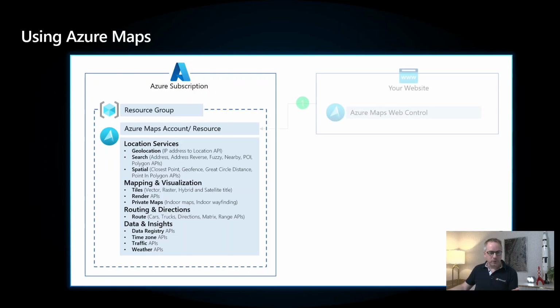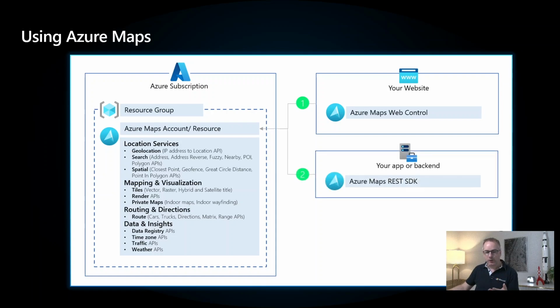When you have the resource, then you can use that Azure Maps resource or account in your website. Basically you have a subscription key and you utilize that with the Azure Maps control, and then it can render a map on your website or in your mobile application if you want. Or if you don't need a website or a map, you can also use the REST SDKs directly.